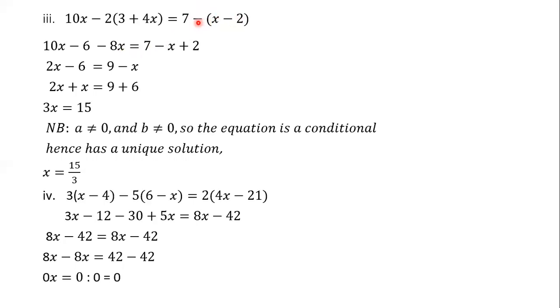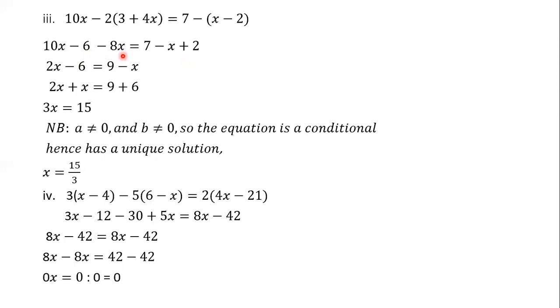Or we can multiply by negative 1 out. So negative times x becomes negative x. And negative times negative 2, negative multiplied by negative becomes positive, so you have positive 2. Good. I hope no problem here.